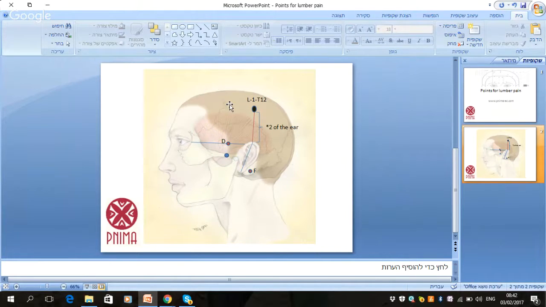That's point number 1. Point number 2 is what is called D point. D point has an effect on any areas from the navel down. So this area will affect any areas from there right down to the feet.